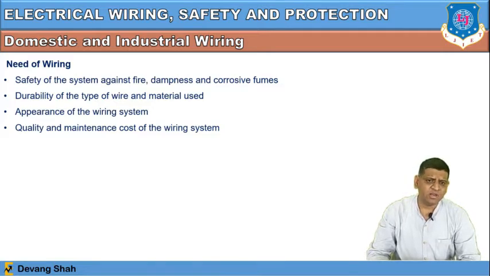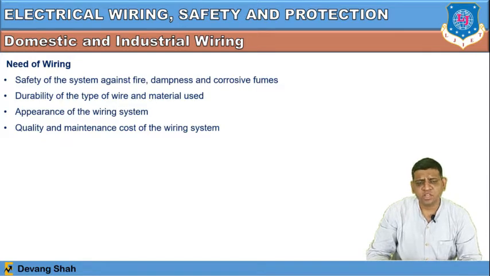Now, why are we using this kind of wiring for domestic and industrial purposes? Because at your home you have different appliances like fridge, TV, microwave, washing machine, and in industrial applications you have high voltage machinery systems, which are connected through a main supply to the input terminals of the appliances, right?